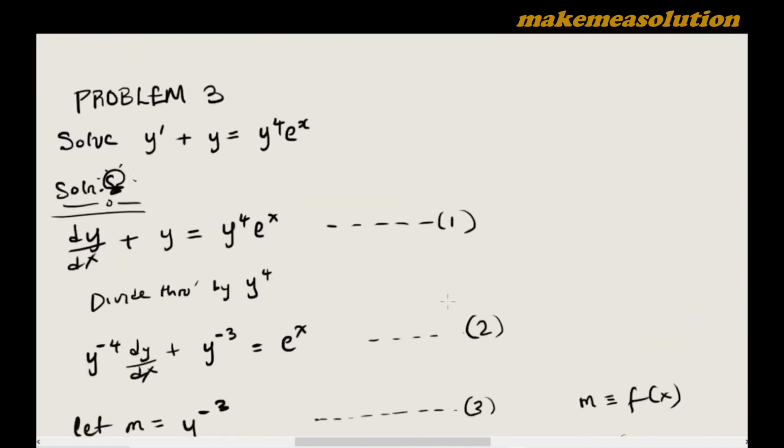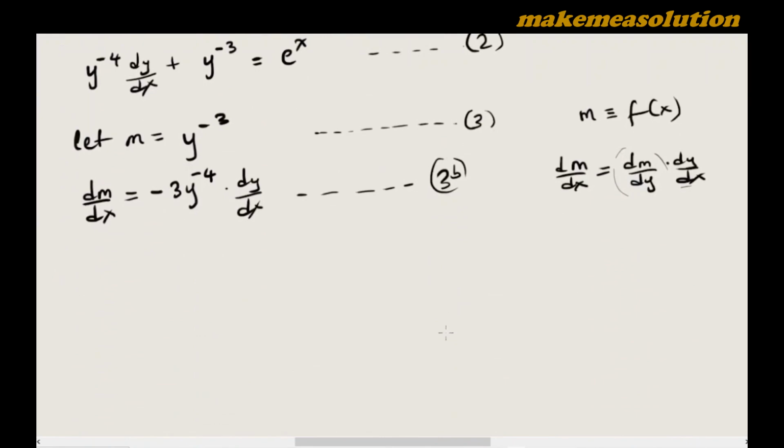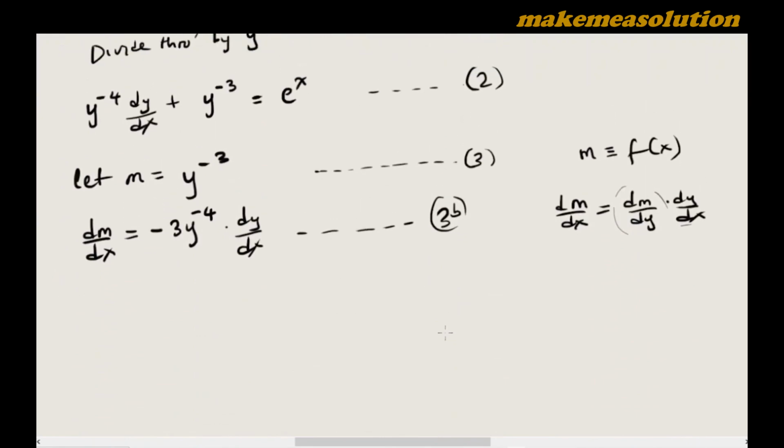Now you're going to observe that your equation 3b is almost equal to the first term in equation 2. The only thing is this particular factor over here. So you're going to ask yourself, how am I going to introduce this particular factor in equation 2? And it's easy, just multiply equation 2 throughout by minus 3.